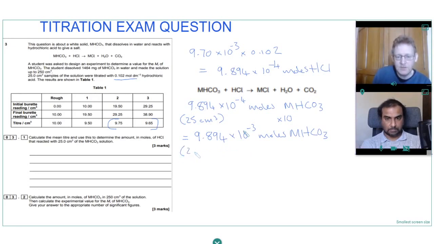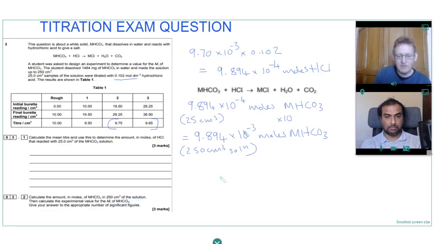And that's in our 250 centimeters cubed solution. So we've calculated the moles in the 250 centimeters cubed solution, which was one of the questions.